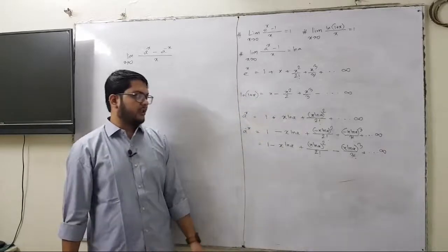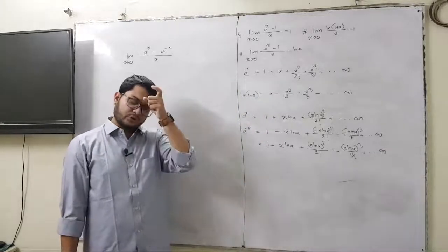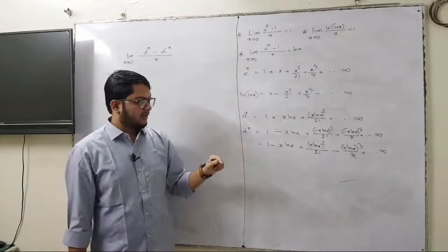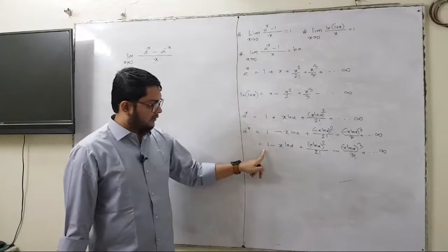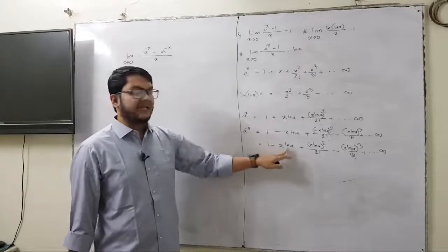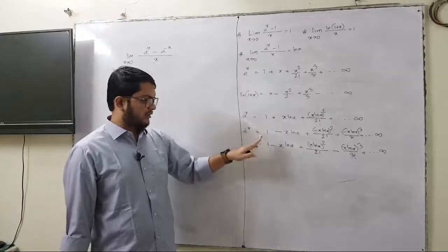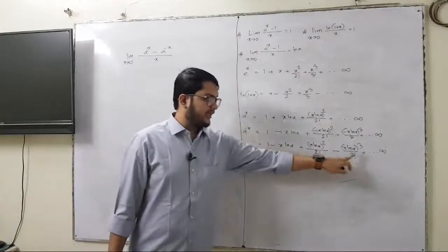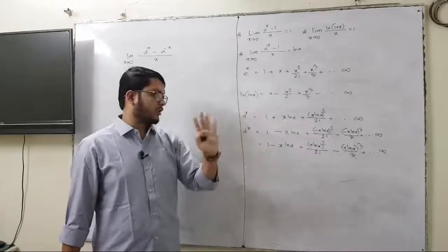So you can observe one thing in order to keep in mind or memorize. You can just keep in mind that these terms are alternately positive and negative. So at first you have a positive term and then negative term and then positive and then negative and again positive. So in this way it will continue.